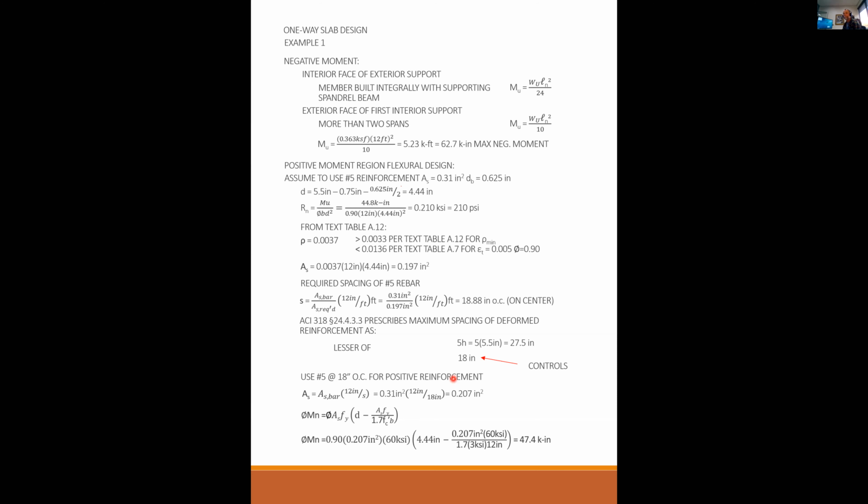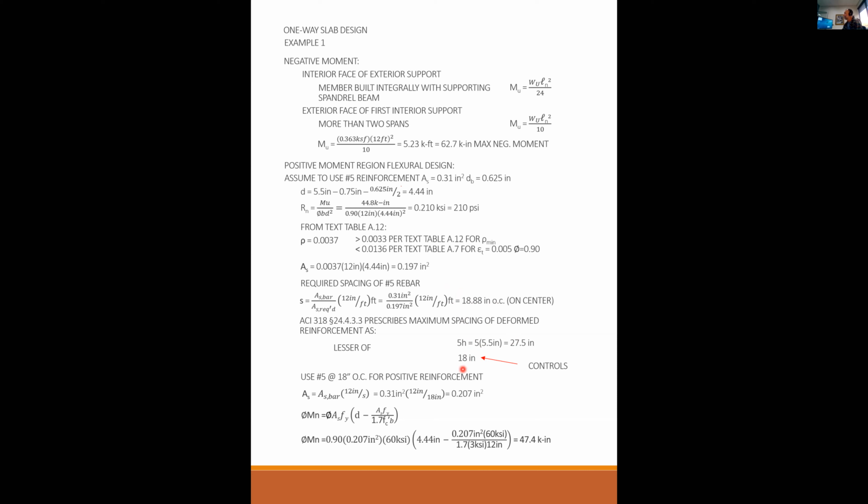You're welcome. Professor, can you explain again why the 18 inches controls? It's the least. The code says you cannot space your rebar more than 5 times the slab thickness or 18. It's just a number, 18. So of the 3 requirements, this one is based on the load and these 2 are based on code maximums.